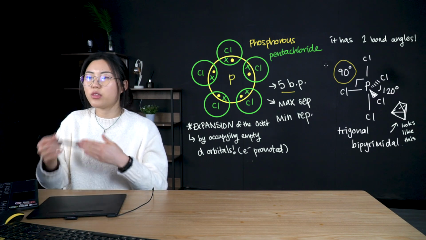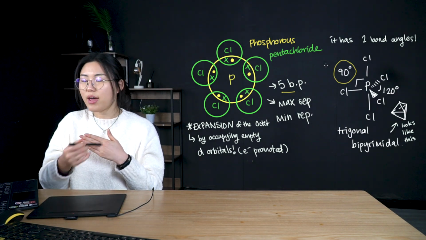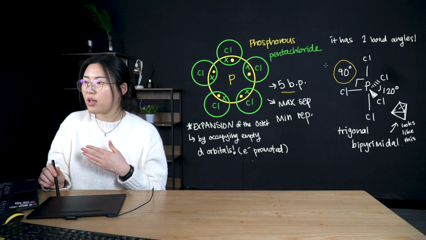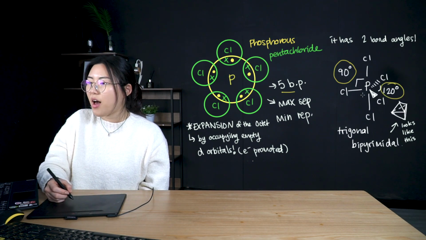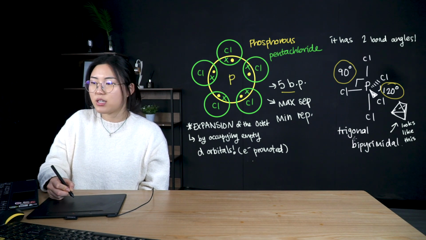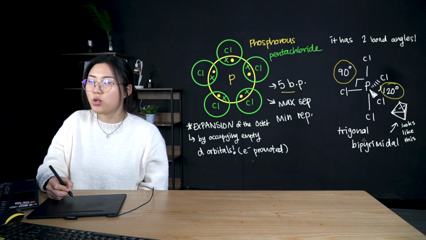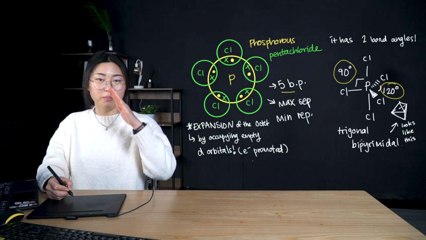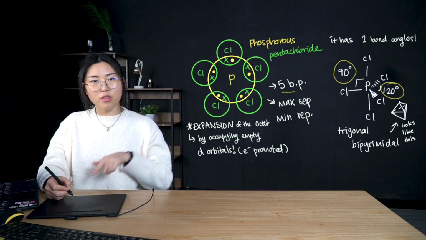And on the trigonal planar, the triangle there, we have the bond angle as 120 degrees. So this shape is basically called the trigonal bipyramidal because now we have 2 pyramids on the top and on the bottom, right?